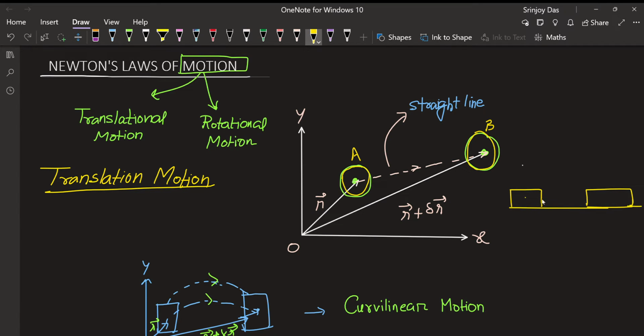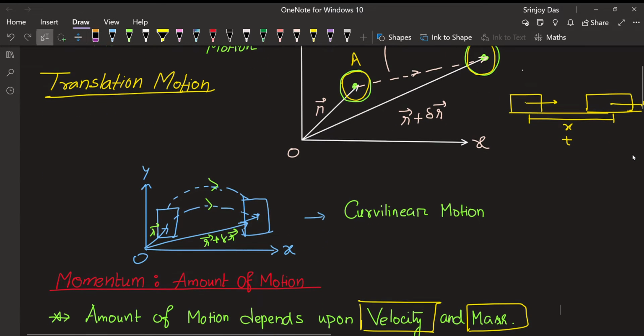If I do that one, that will be a rotational motion. It has moved x distance at time t. This is a translation. I have given an example of translational motion. Then I am moving next to the curvilinear motion.